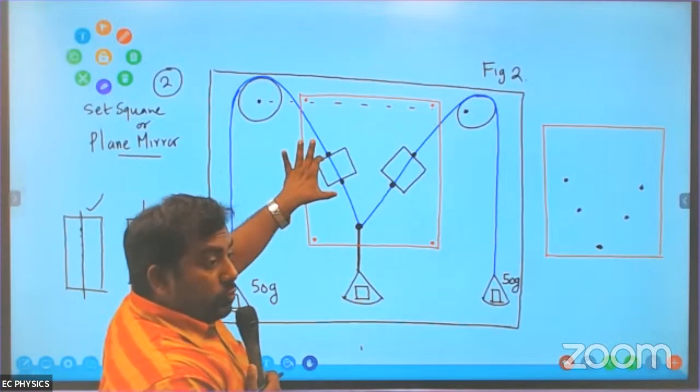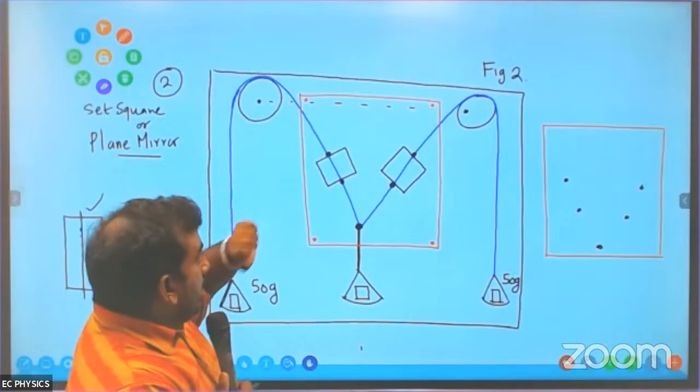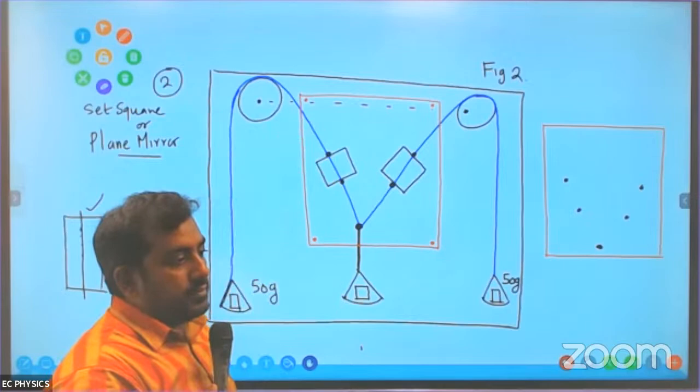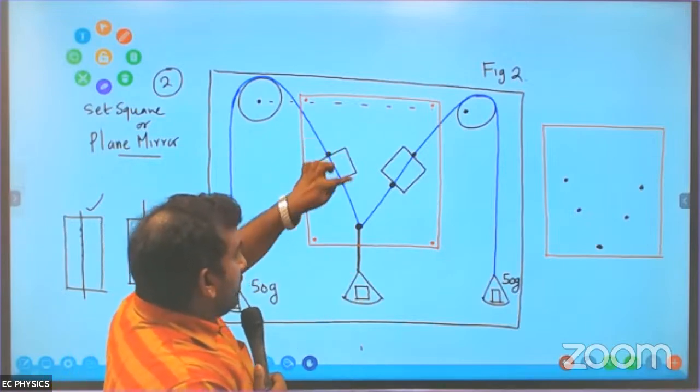And we project 2 points of the string to the A4 sheet.